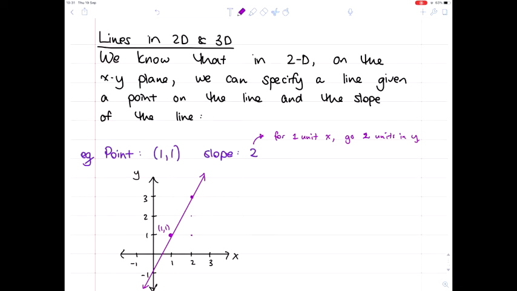And if we wanted to work out the equation for this line, we know that the equation for a line is y is equal to mx plus c, where this m is the slope. So for our line, this is going to be y is equal to 2x plus c, and we know that this c over here is the y-intercept.